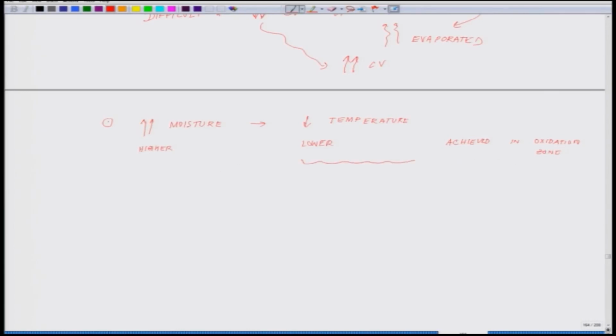This lowering of the temperature in the oxidation zone results in incomplete cracking of the hydrocarbon released from the pyrolysis zone.